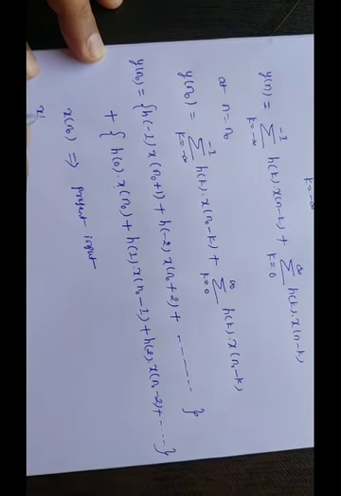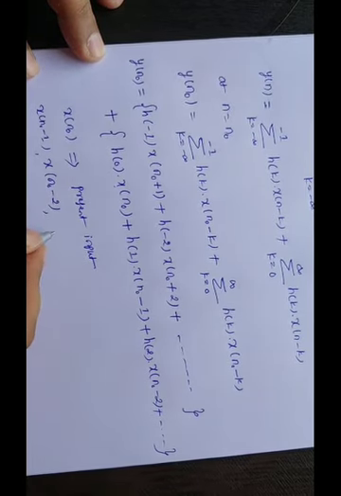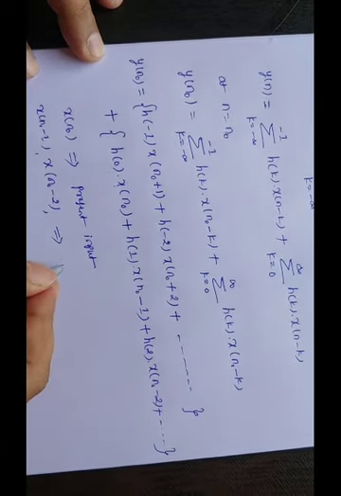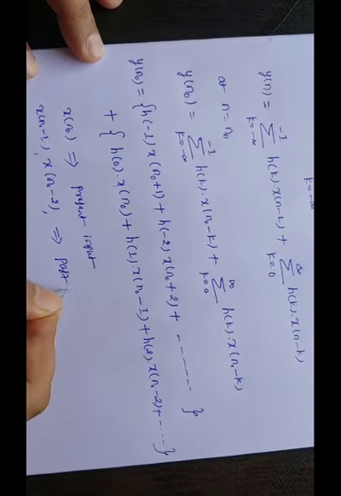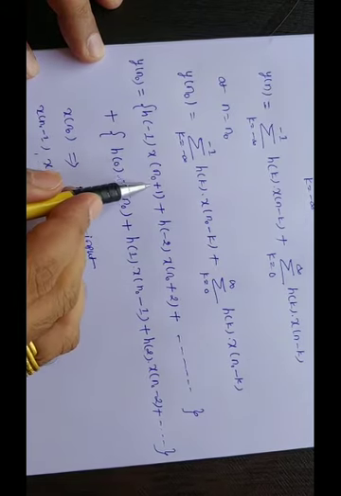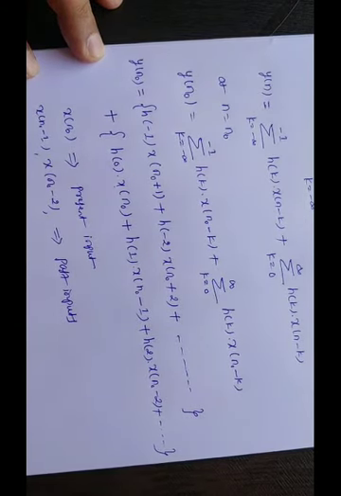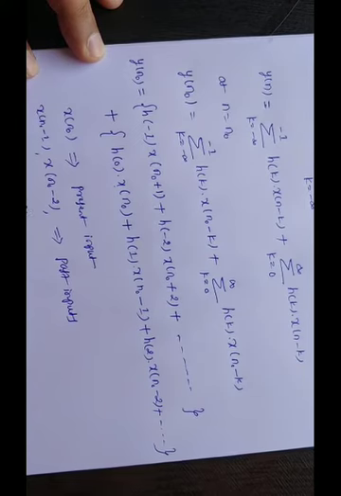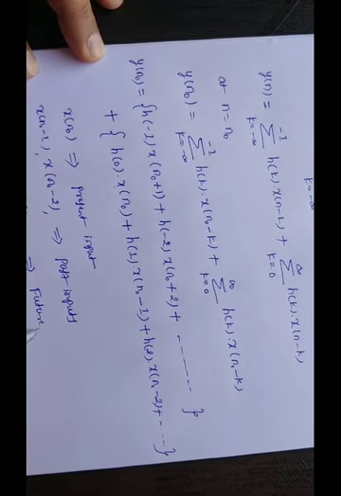Here x of n naught minus 1, x of n naught minus 2 are all past inputs. Then x of n naught plus 1, x of n naught plus 2, and so on are existing here. These are future values of the input x of n.